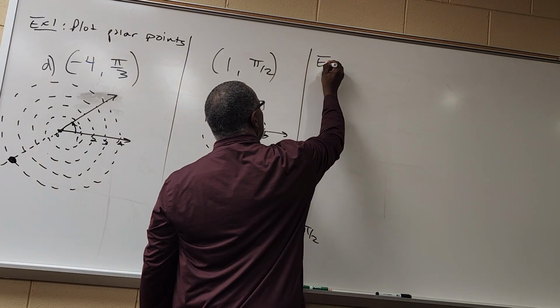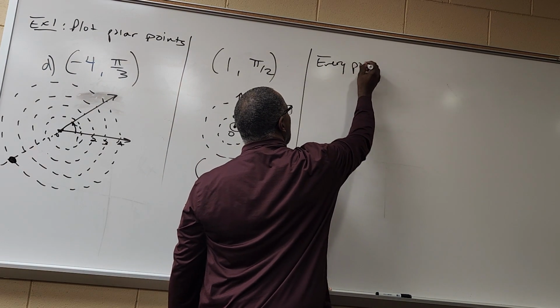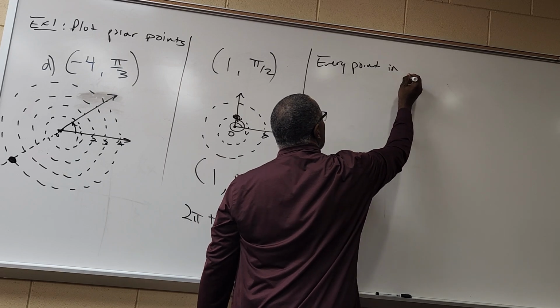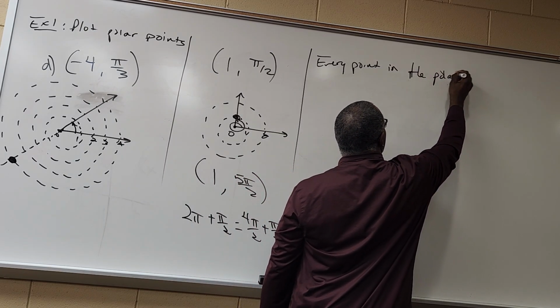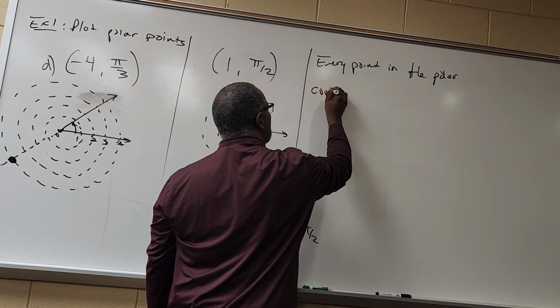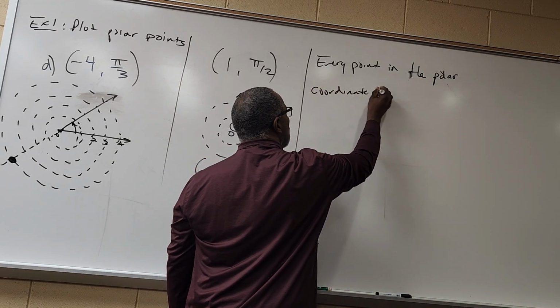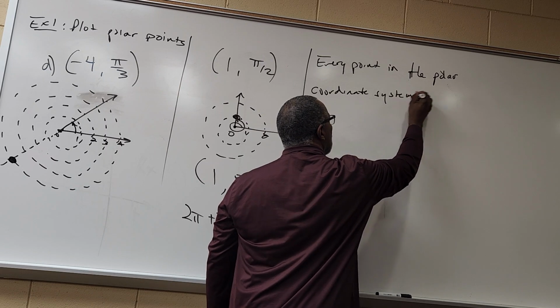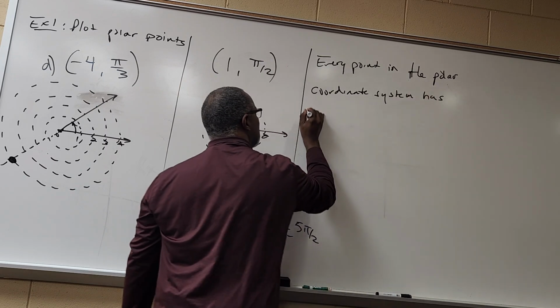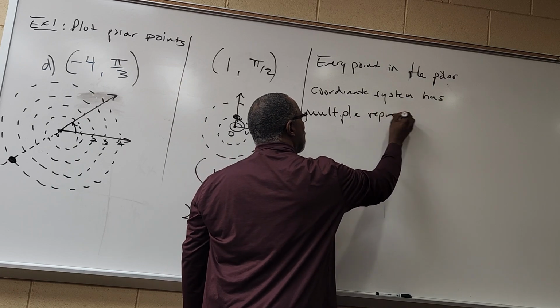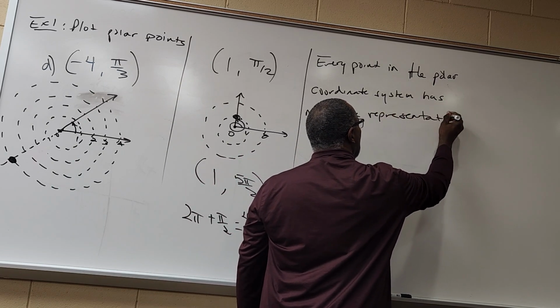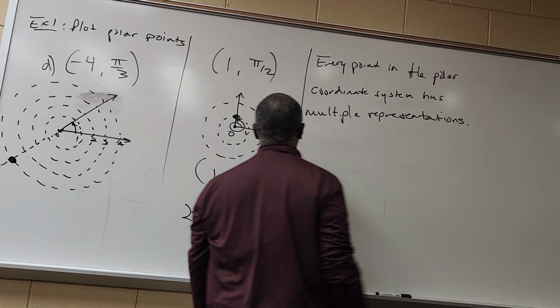So every point in the polar coordinate system has multiple representations. Okay?